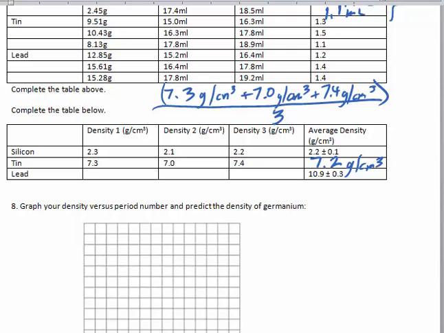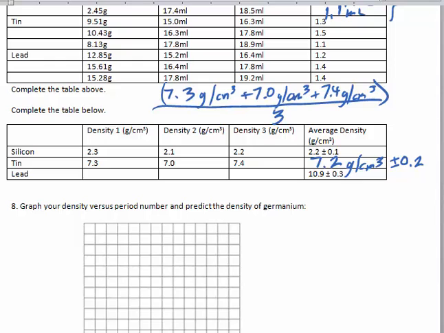So the way you do that is, you see from 7.2 to 7.4, it's an increase of 0.2, so that's a plus 0.2. From 7.2 to 7.0, it's a subtraction of 0.2, so you know that plus or minus 0.2 is the uncertainty value for this average. In cases where the subtraction and the addition is different, you always pick the higher number.